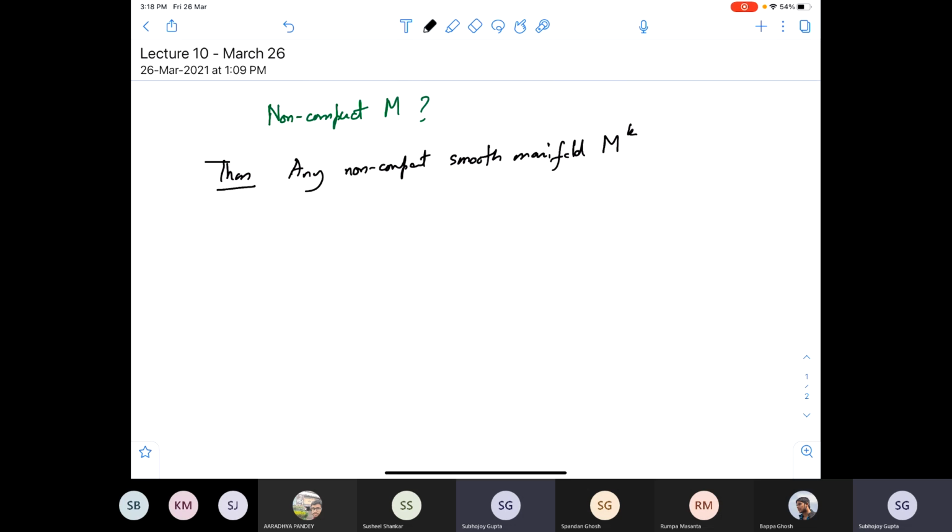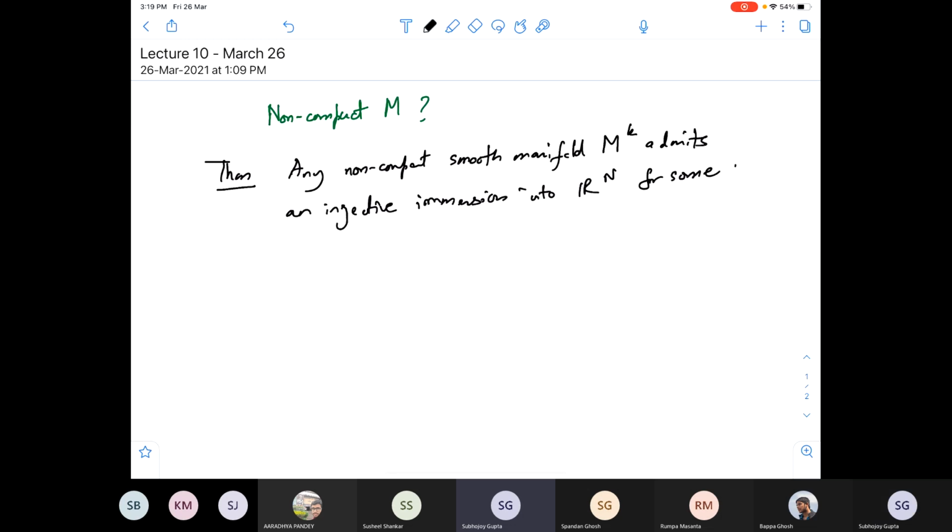Let's assume it's k-dimensional. So any non-compact smooth k-dimensional manifold admits an injective immersion into R^n for some n. Okay, so let's start with this.